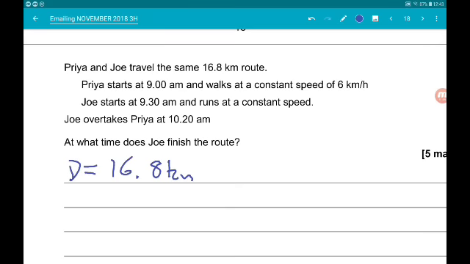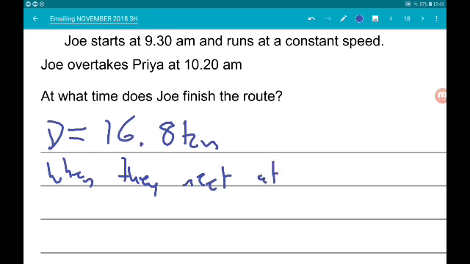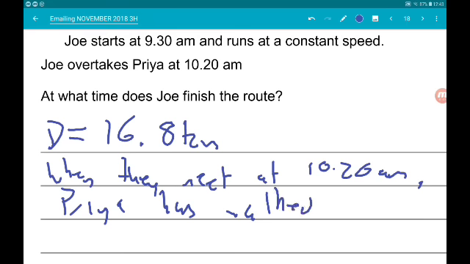When they meet at 10:20 a.m., Priya has walked for 1 hour and 20 minutes because she started at 9 a.m. So 1 hour and 20 minutes is 1 1/3 of an hour.